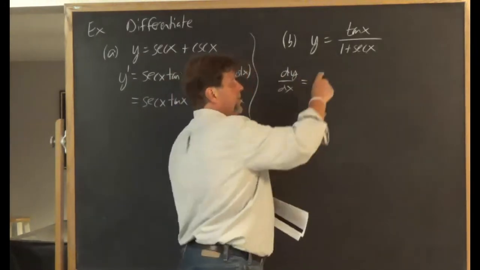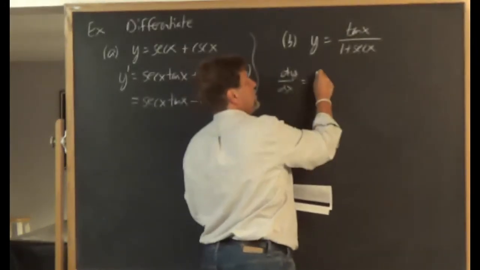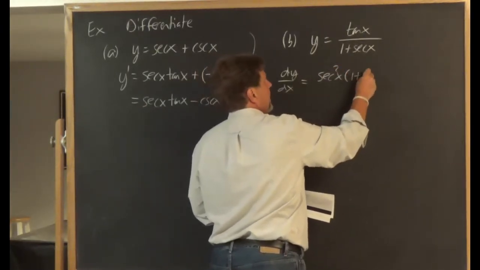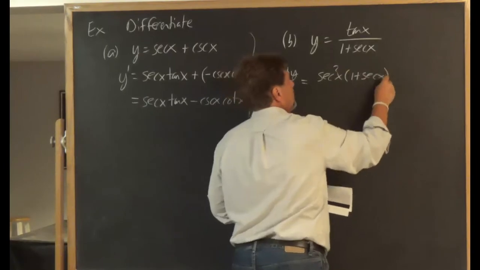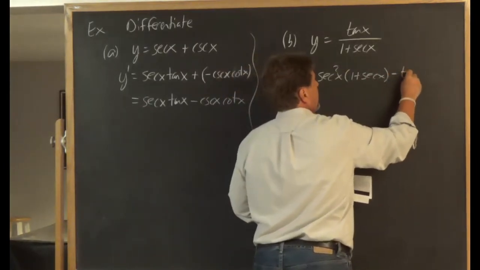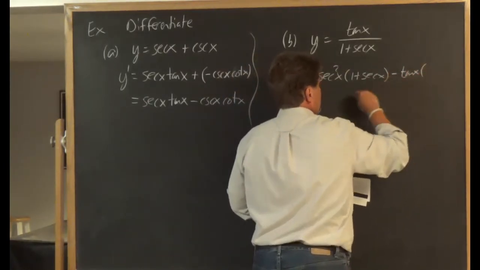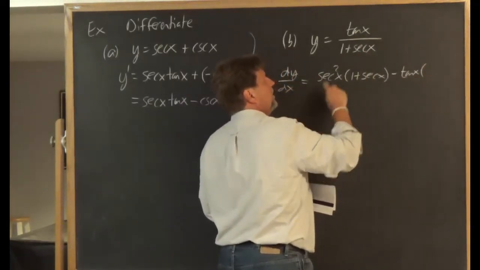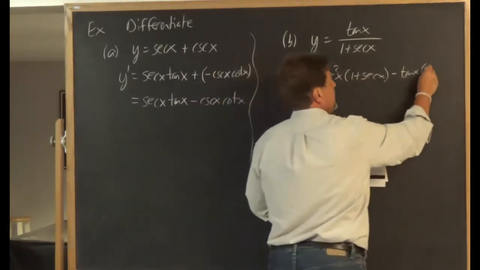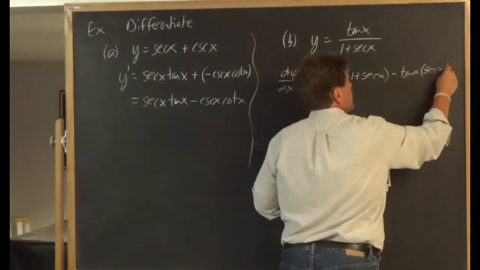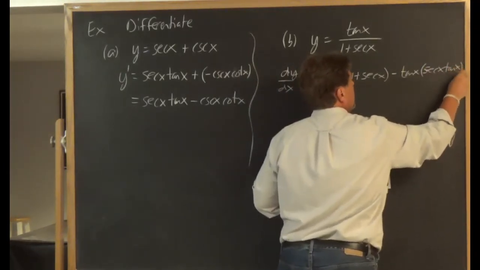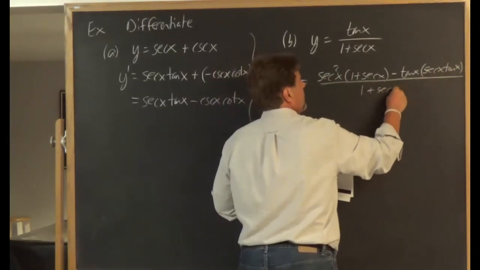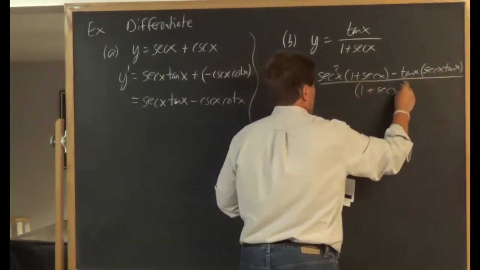The derivative of the numerator, the derivative of tangent, is secant squared, times the denominator, minus the numerator times the derivative of the denominator. Well, the derivative of secant x is secant x tangent x. And then all of that is over the denominator squared.